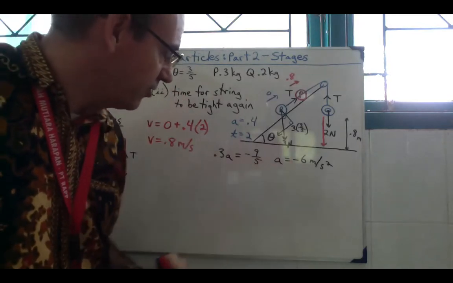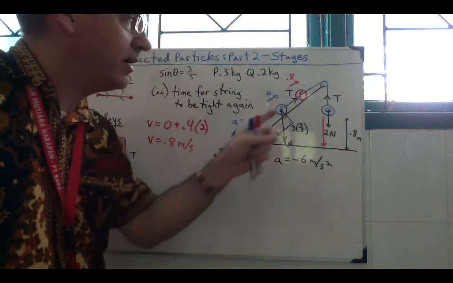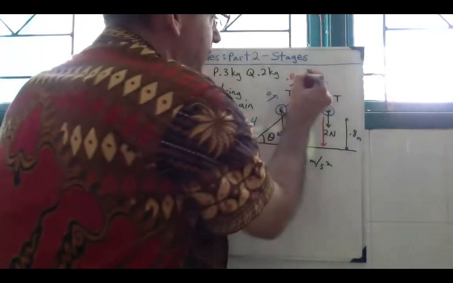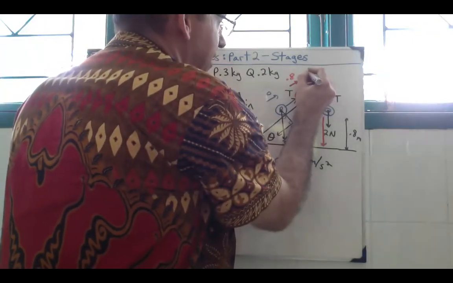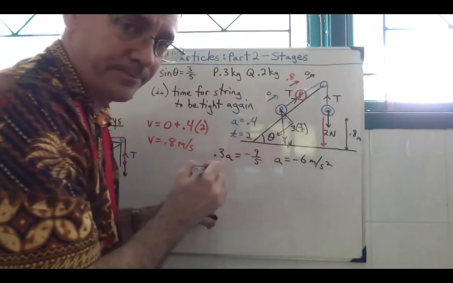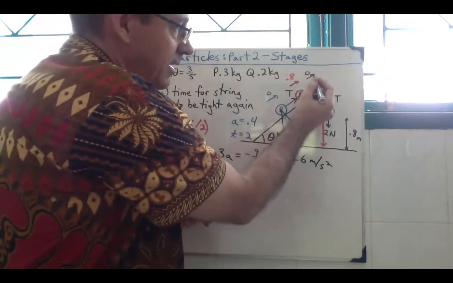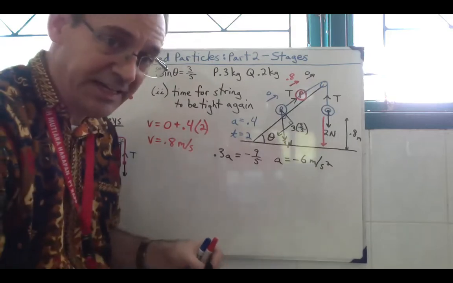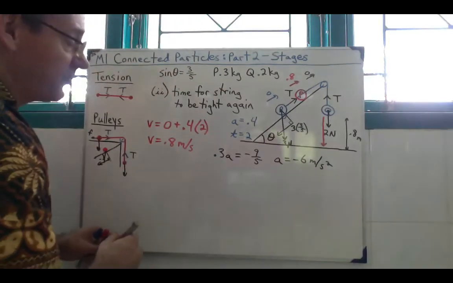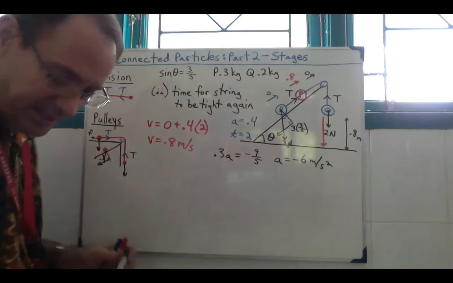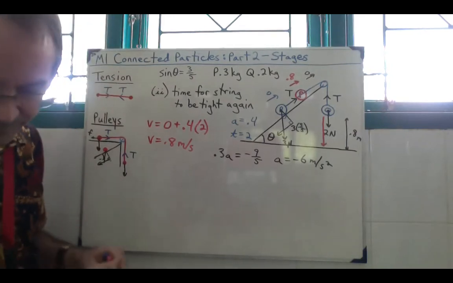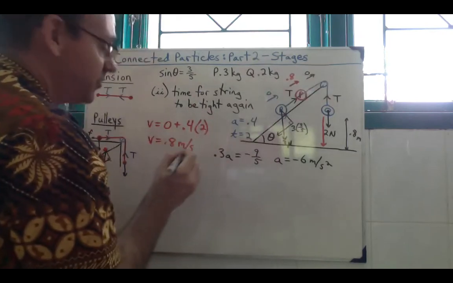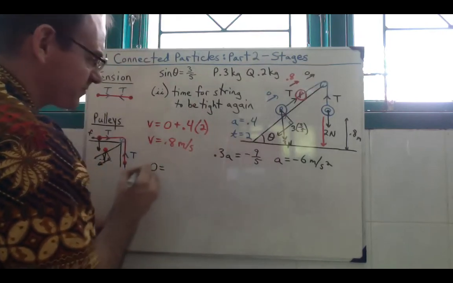Now that we have our new acceleration, we want to solve for how much time it is going to take before it gets to a velocity of 0, where it's going to stop. And then it's going to slide back until the string is tight again. Okay, so we need another velocity equation here. And this time our final velocity is going to be 0.